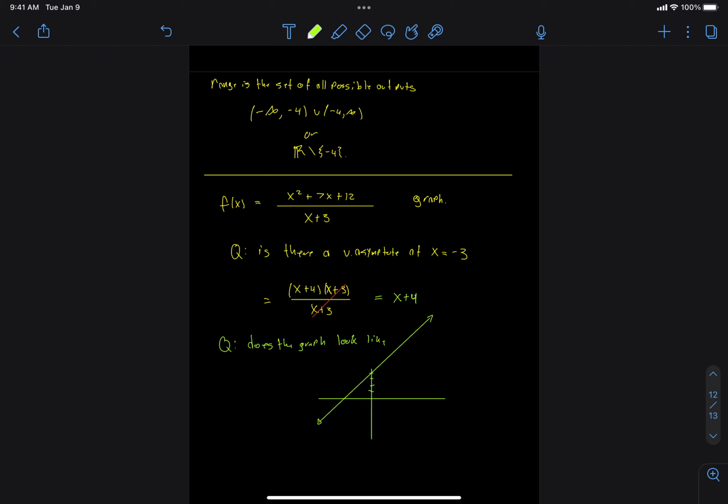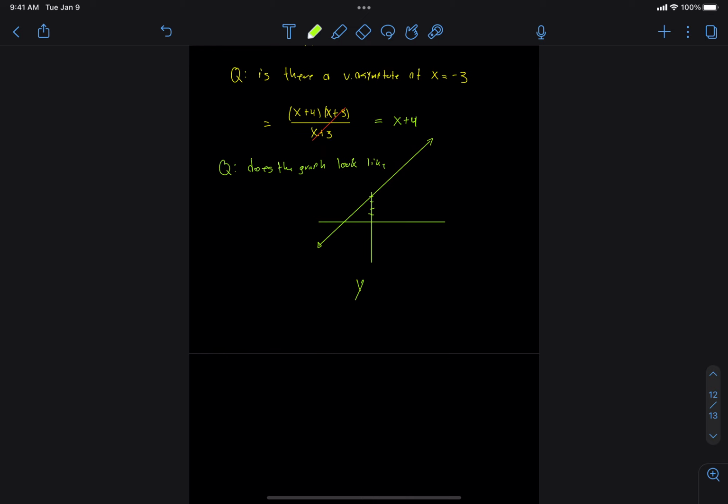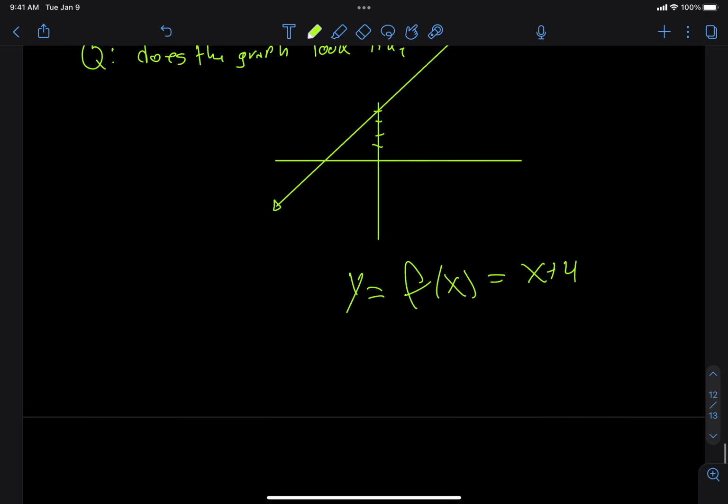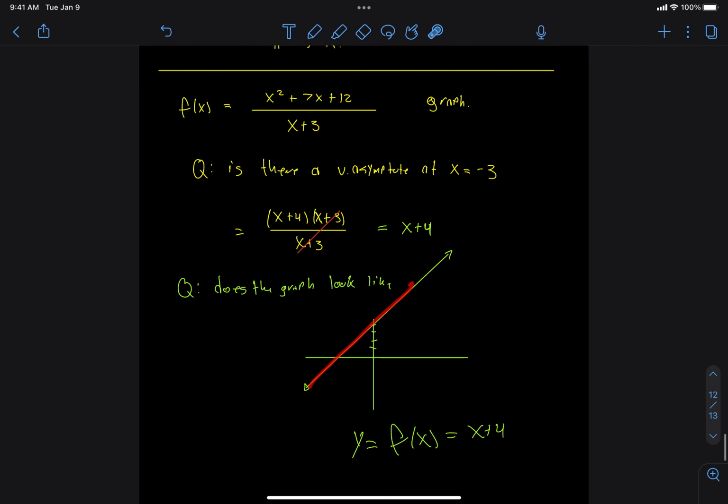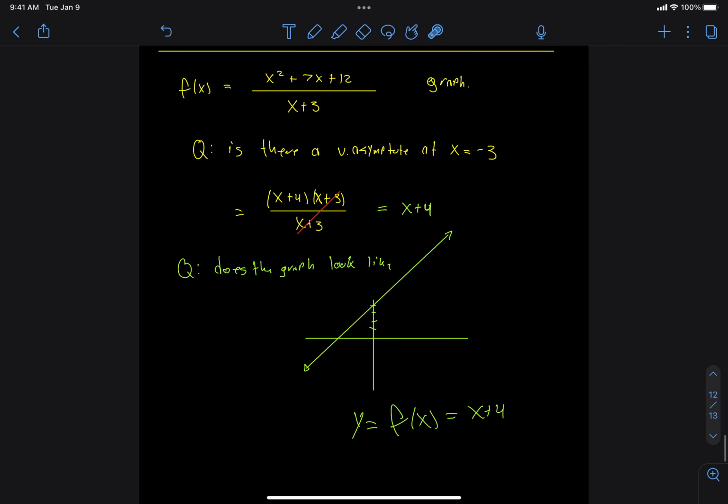I canceled those terms. I got x plus 4. So if it's just x plus 4, wouldn't that just be a horizontal line? Well, if f of x is equal to x plus 4, remember, y is equal to f of x, which is equal to x plus 4. So y equals x plus 4 is a line, and it looks just like this, but there is something else wrong about it. What have I failed to account for?